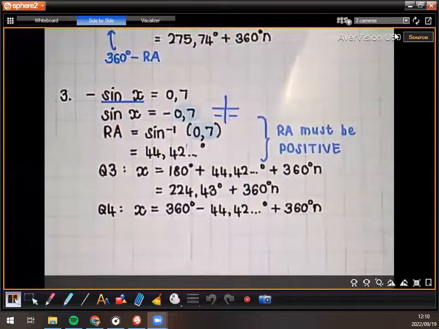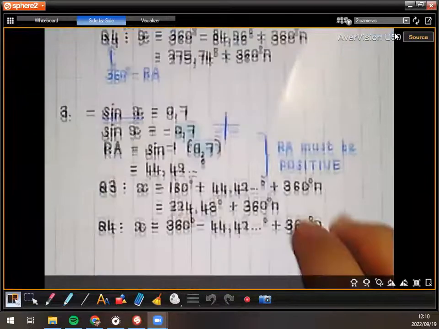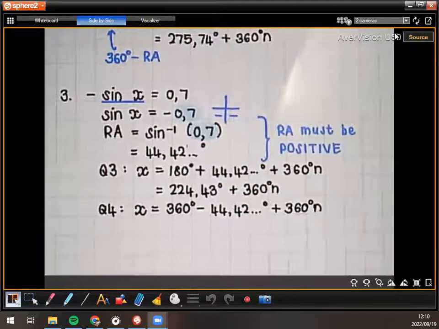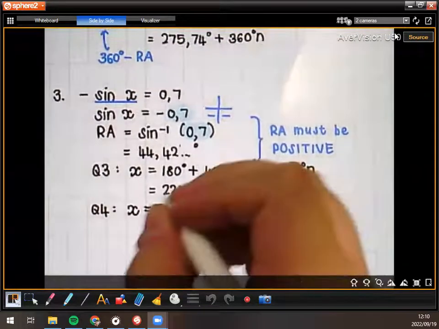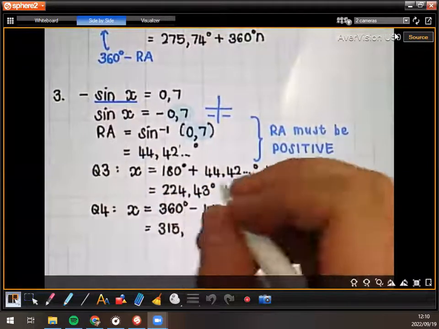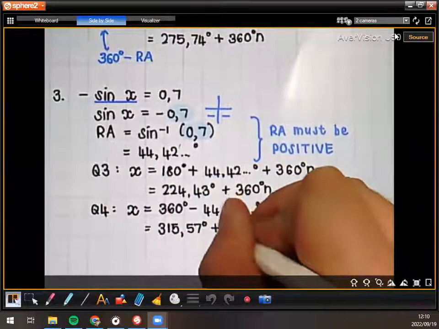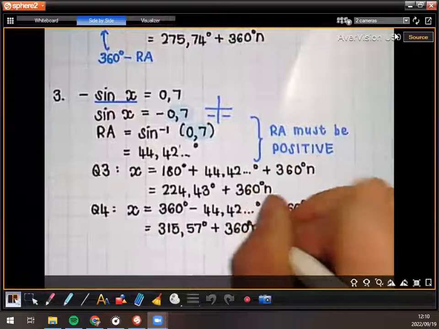It's always going to be plus 360n. I didn't write it now because we have written it before, but if you are unsure whether you should write it or not, rather just write it. If I simplify this, I'm getting 315,57 plus 360n.